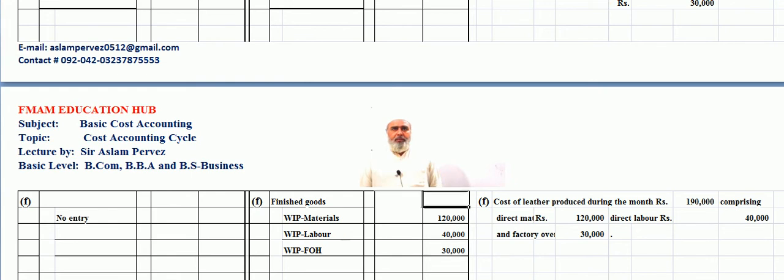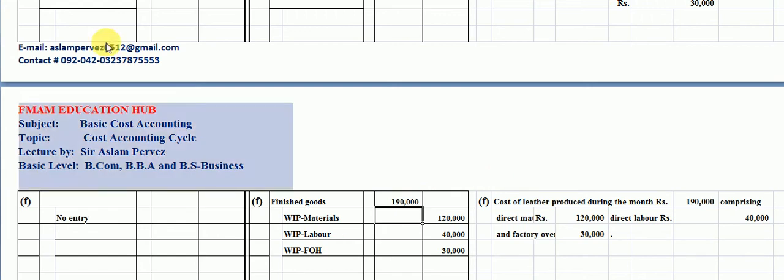The sum is 1,90,000 rupees. Student, this is the finished goods which has been completed in the production department.